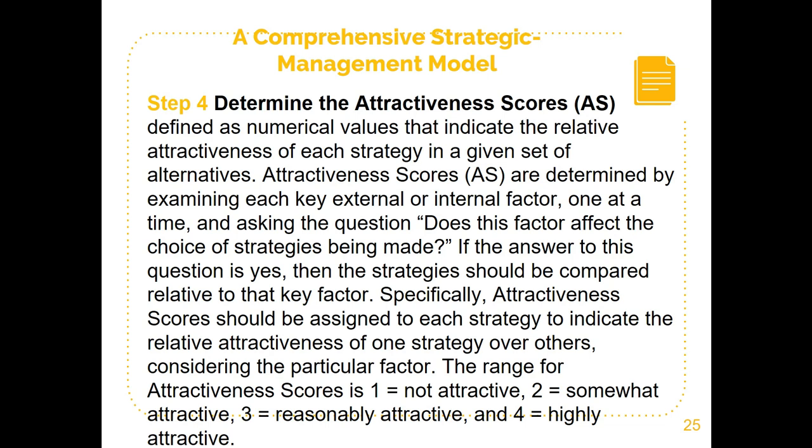Specifically, attractiveness scores should be assigned to each strategy to indicate the relative attractiveness of one strategy over others, considering the particular factor. The range for attractiveness scores is 1, not attractive, 2, somewhat attractive, 3, reasonably attractive, and 4 is highly attractive.